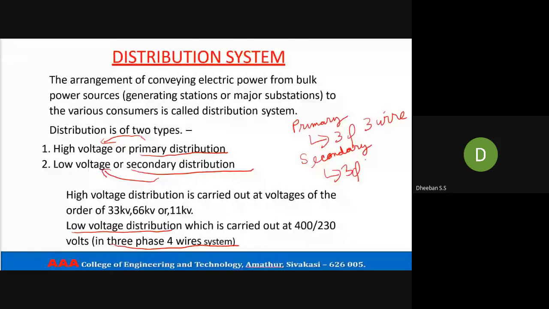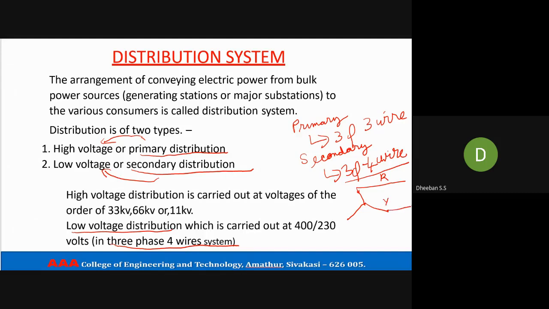For your households and all, they will make use of this three phase four wire system, which is nothing but a three phase system. R Y B, right?